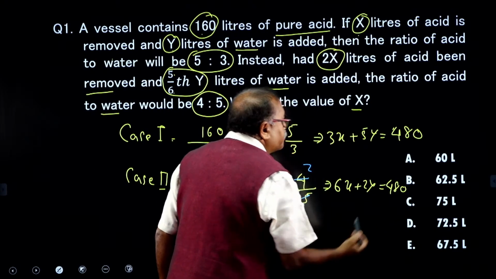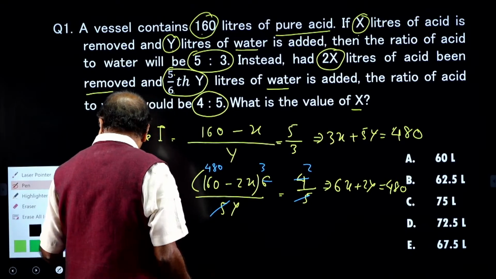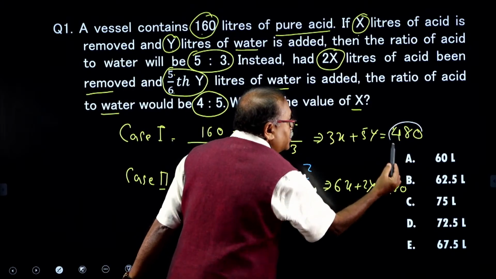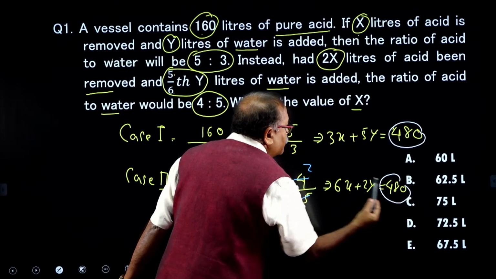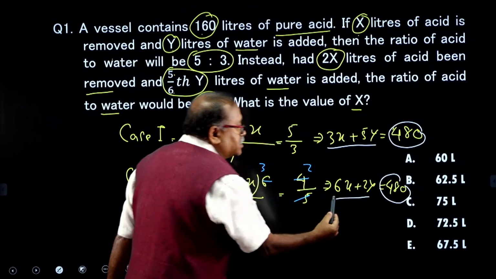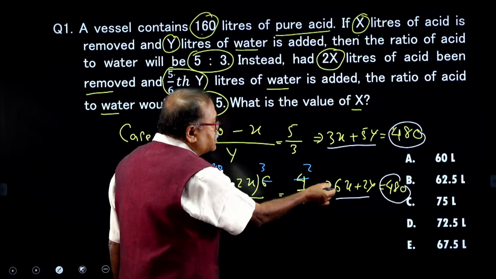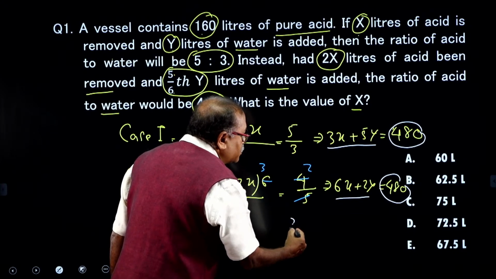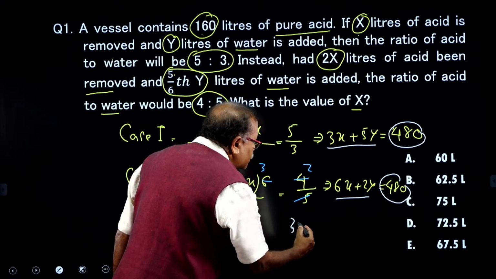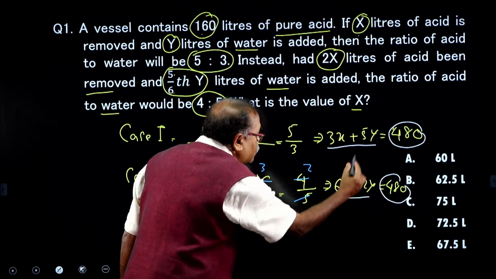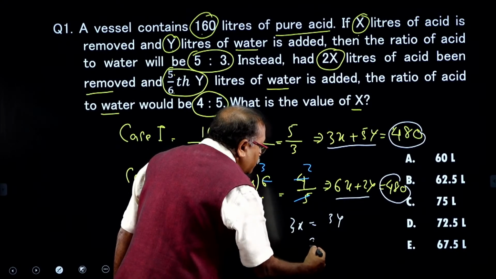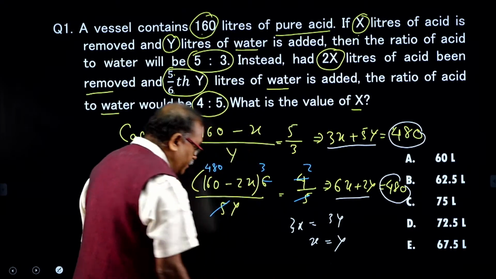Oh, beautiful. Now, what you are noticing here is this is 480, this is 480. So, that means these two equations are equal. If these two equations are equal, then subtract over here, that is 2x, 3x, 3x is equal to 3y. In other words, x is equal to y.